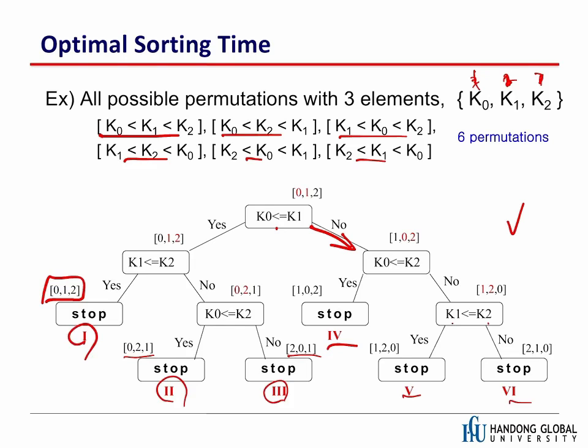And in this tree, we compare K0 and K1, and K1 and K2, and then K0 and K2. Sometimes we compare K1 and K2 here and here, and sometimes we compare K0 and K2 here and here. That's what the previous slide said.